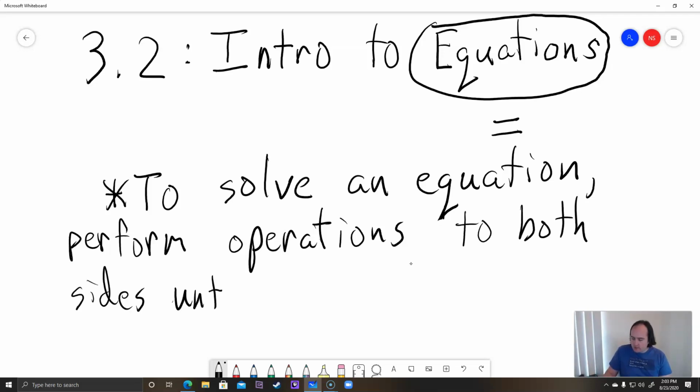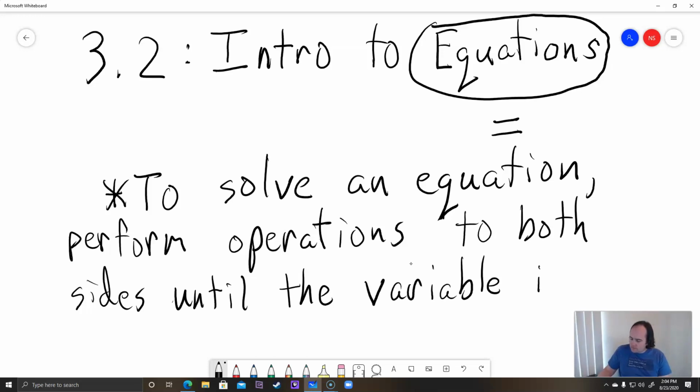And isolated just means you get the variable by itself.